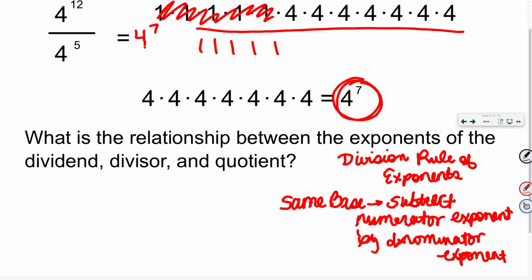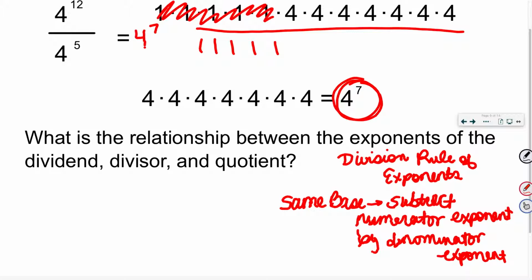So make sure you have this written, and we're not drawing. The division rule of exponents: if you have the same base, you're subtracting the numerator's exponent by the denominator's exponent. So in this scenario, if you did have that problem and you just use the rule, 12 minus 5 is 7. And there's other examples which we're going to look at in just a minute.